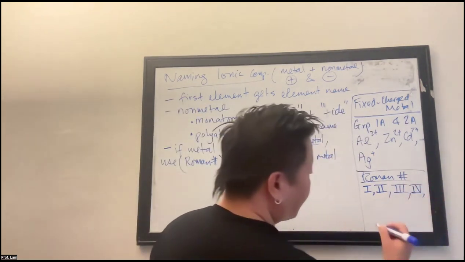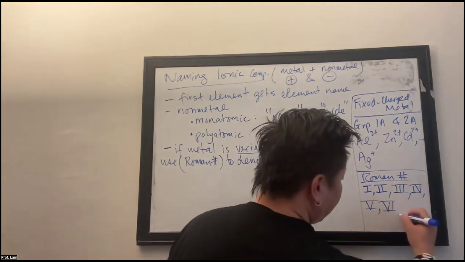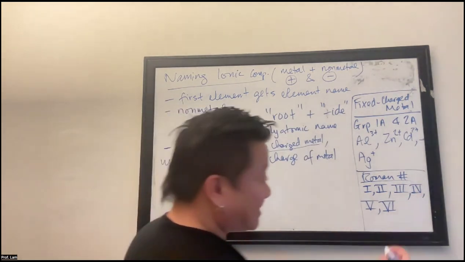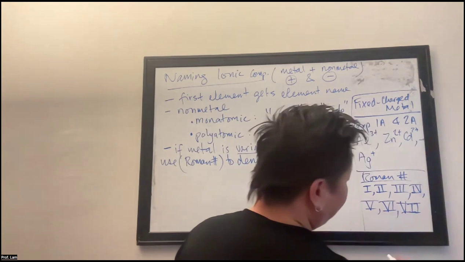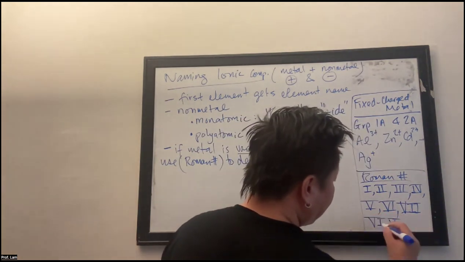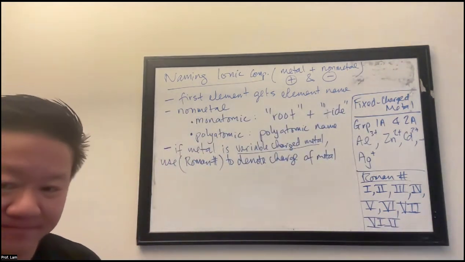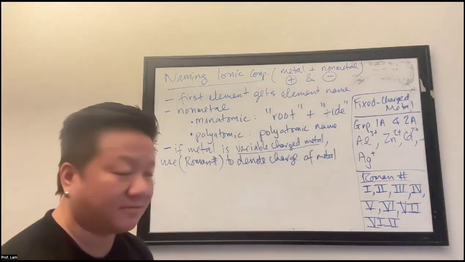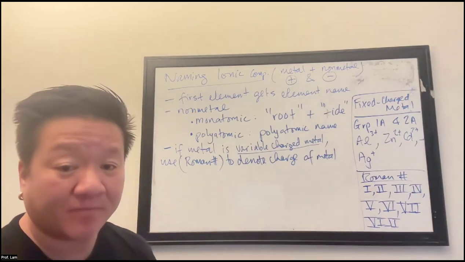IV is 4+. V is 5+. VI is 6+. VII is 7+. And then VIII would be 8+. Okay, so we don't go past that. You're not going to see charge that high. Okay, but just so that you guys remember, right?